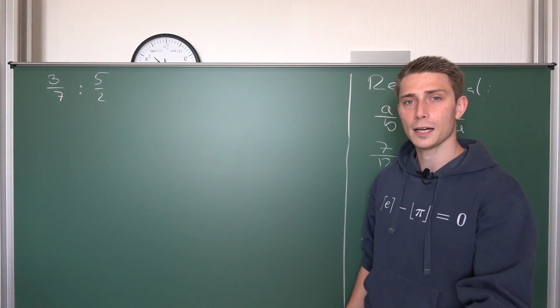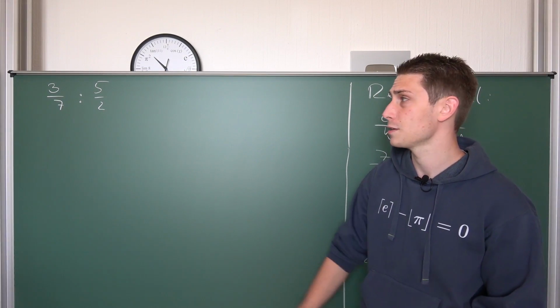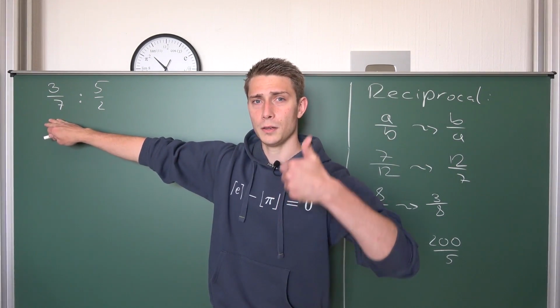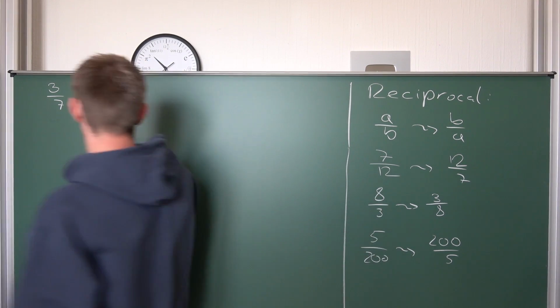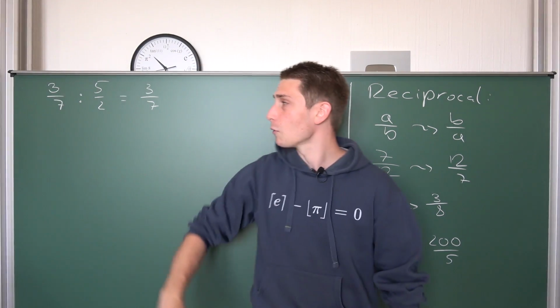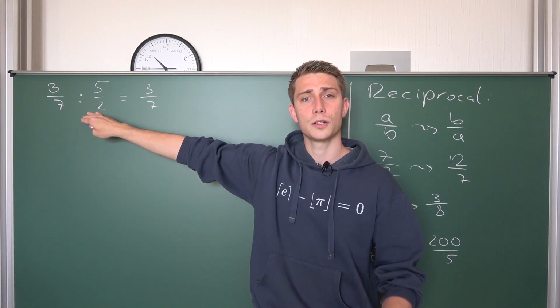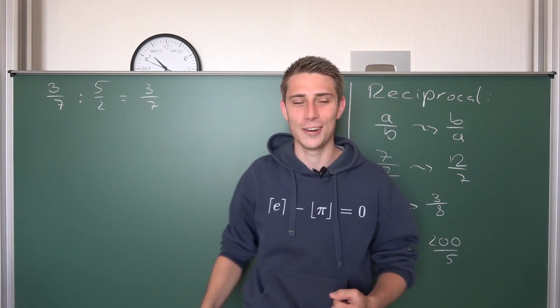Now, here are the three basic things that are going to happen when dividing by fractions. Number one, the first part that we are not dividing by stays how it is. This is just 3/7. Our division turns into multiplication.